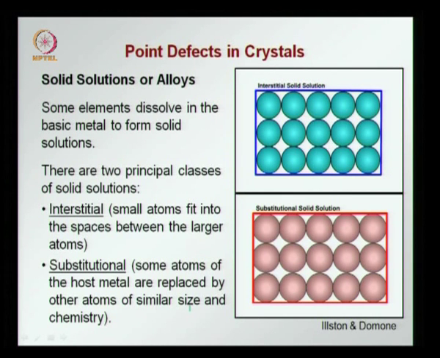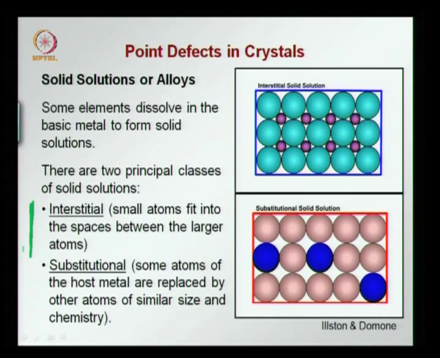And we can have two types of point defects: interstitial, that is what we have in the animation at the top, where we have these purple atoms or particles in the interstices, that means the voids between the blue particles. So these are called interstitial defects in the solid solutions, where you have small atoms or small particles fitting into the space between the larger particles or atoms. That is what we see here.